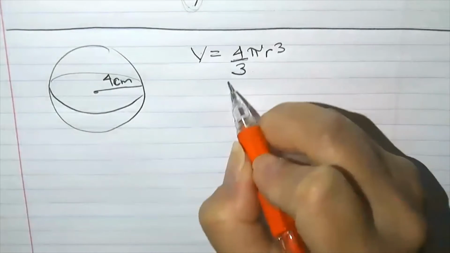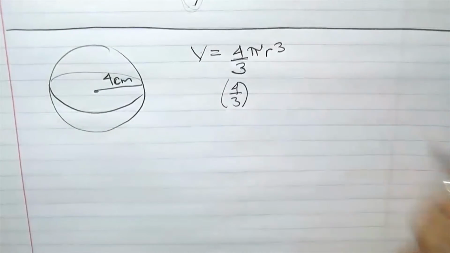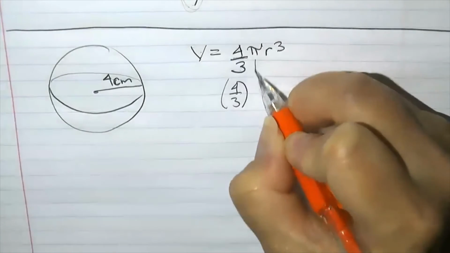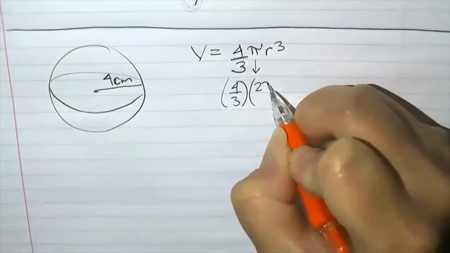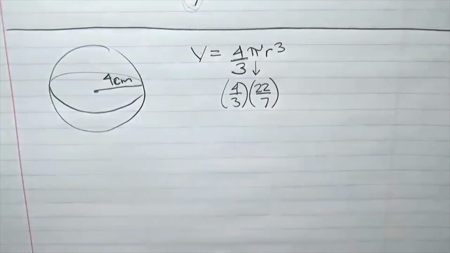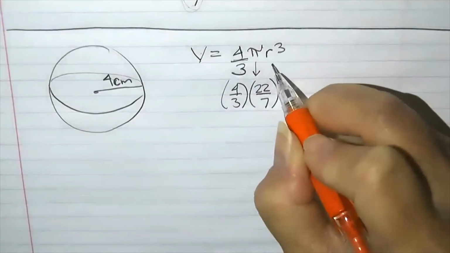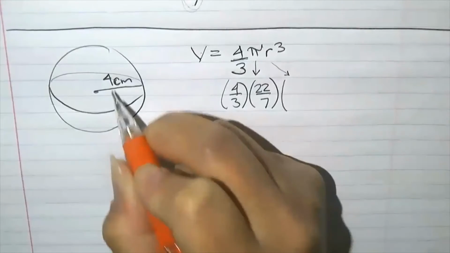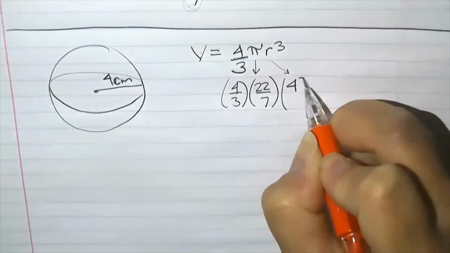So I want to bring this fraction down, 4/3. Pi is equal to 22/7. And my radius is 4 cubed.